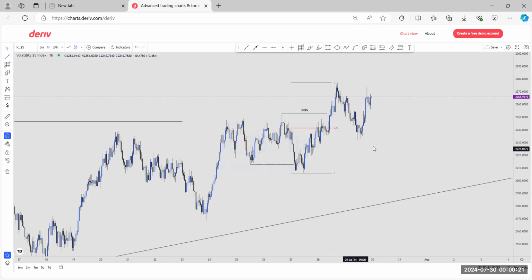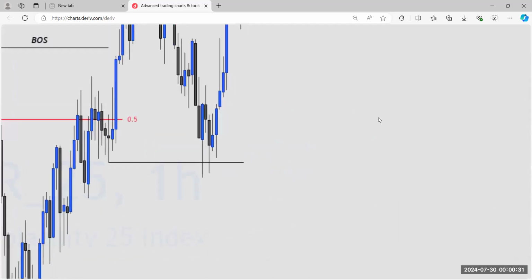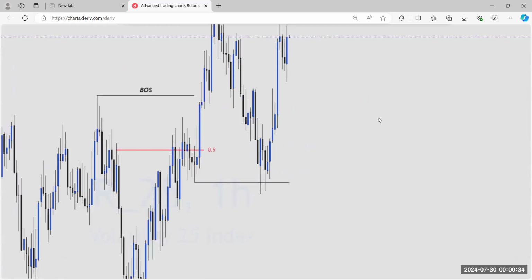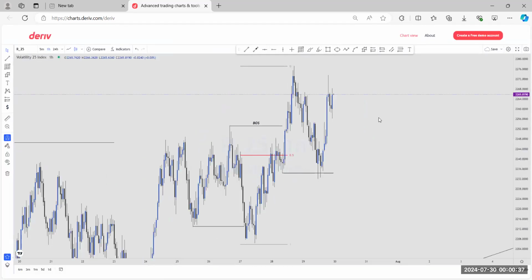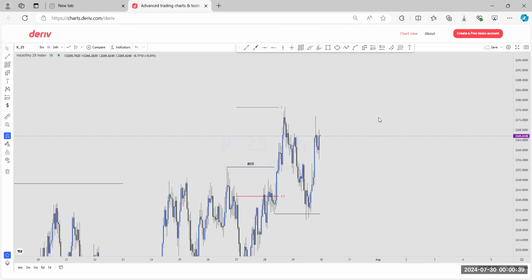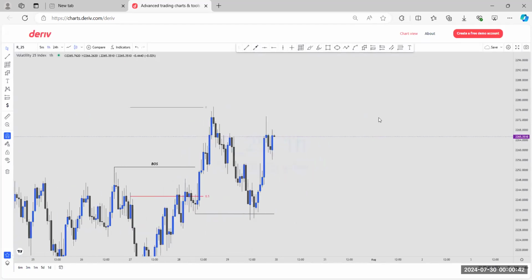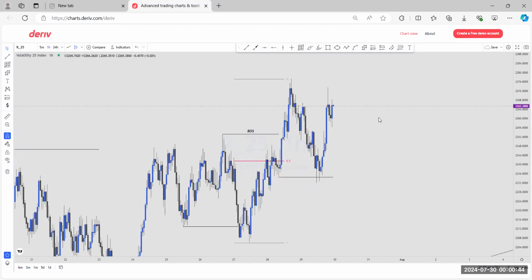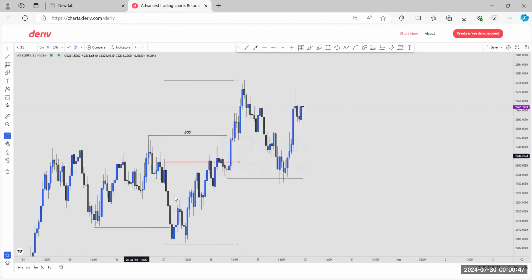Okay, so price came below the 50%, swept this liquidity and used this candle as another block, which actually it was, and started pushing to the upside.